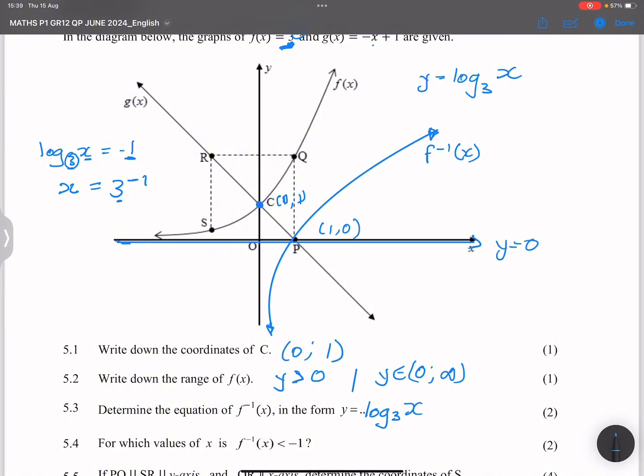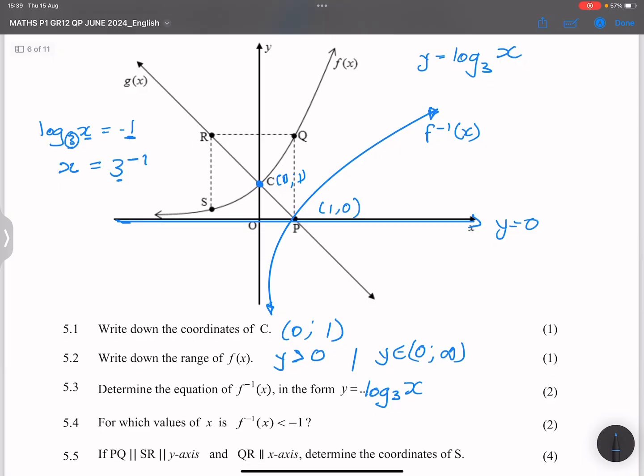So they want to find out the values of x. 3 to the minus 1 is actually 1 over 3. So where is the inverse less than -1? When y is -1, x is actually 1 over 3.